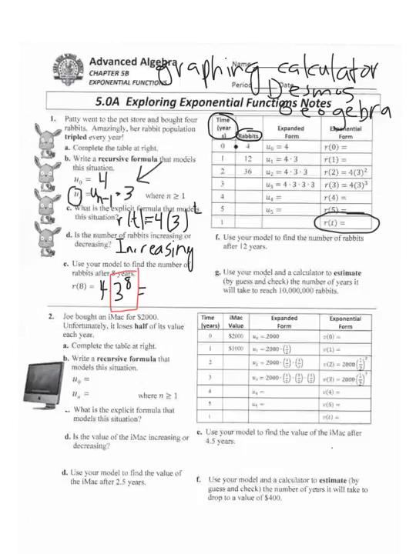Either one of those will allow you to graph, but it also allows you to do computations like this one. So this is 4 times 3 to the 8th, and 3 to the 8th is 6,561, which will give us 26,244.